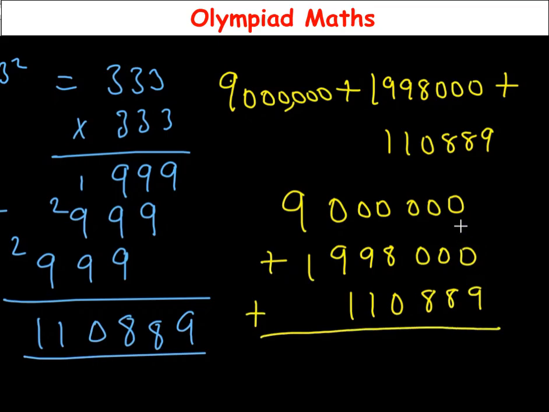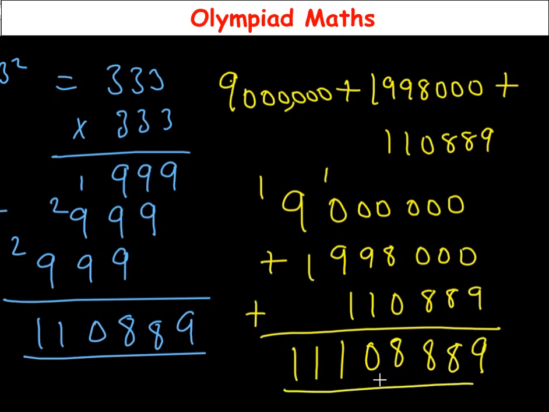Adding this up, 0 plus 0 plus 9 is 9. 0 plus 0 plus 8 is 8. 0 plus 0 plus 8 is 8. 0 plus 8 plus 0 is 8. 0 plus 9 plus 1 is 10, so write down 0 and carry 1. 1 plus 0 is 1, plus 9 is 10, plus 1 is 11. Write down 1, carry 1. 1 plus 9 is 10, plus 1 is 11.